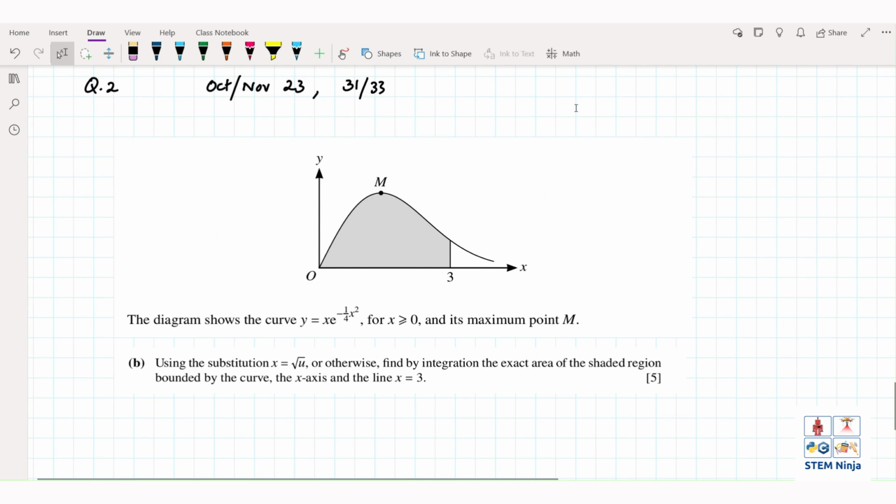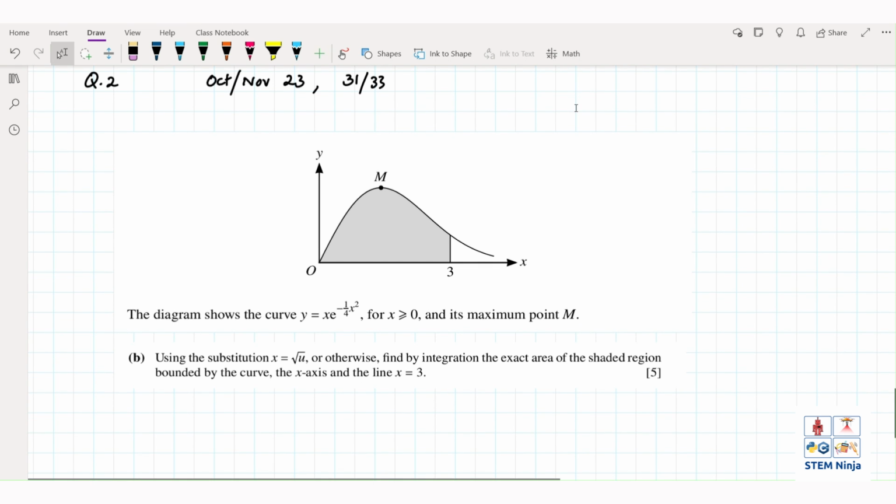The diagram shows the curve y is equal to x e raised to power minus 1 over 4 x squared for x greater than or equal to 0, and its maximum point M. Now the A part was actually finding the M point, the maximum point. However, that has nothing to do with the B part, so we are just going to focus on the B part. Using the substitution x is equal to root u or otherwise, find by integration the exact area of the shaded region bounded by the curve, the x-axis and the line x is equal to 3.